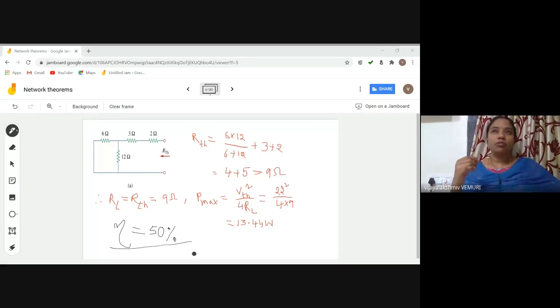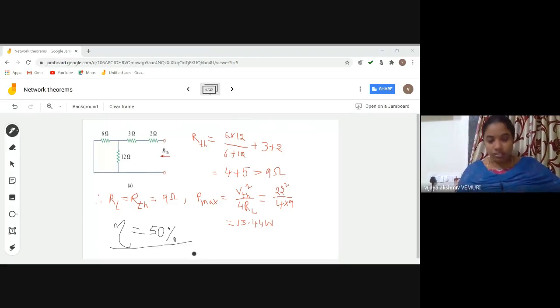Before that, we'll find the Thevenin equivalent resistance for that circuit, and we could observe that maximum power is transferred when the load resistance value reaches the Thevenin equivalent resistance. That is a very simple experiment that you are going to do in your laboratory.